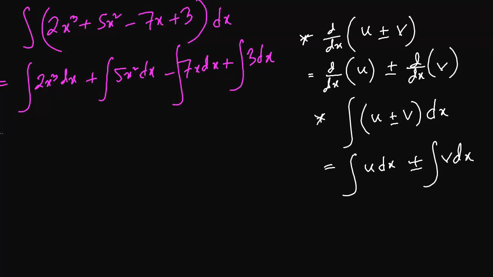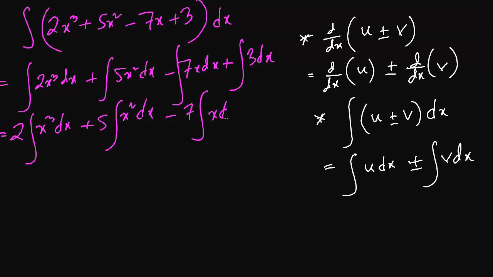And again we can break it down, if we bring the constant outside, as 2 integration of x cubed dx plus 5 integration of x squared dx minus 7 integration of x dx plus 3 integration of dx. So this is what we can write by the addition rule.